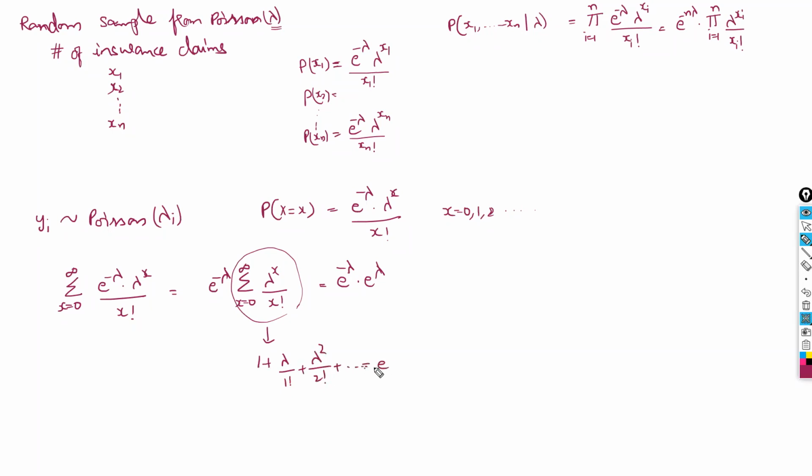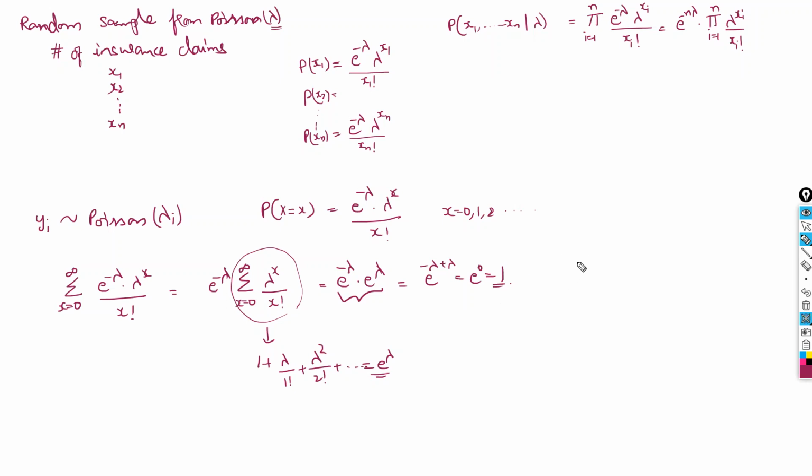This is nothing but e power lambda. Now these two would be e power minus lambda plus lambda. This will become 0, which will become 1. Ideally, you need to get 1.